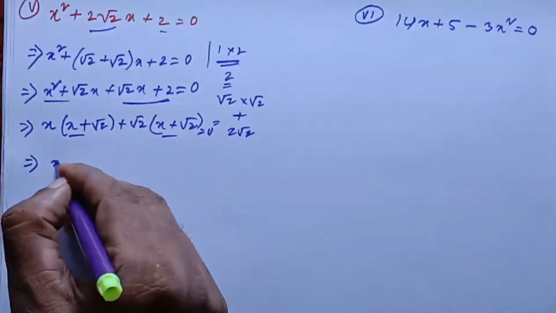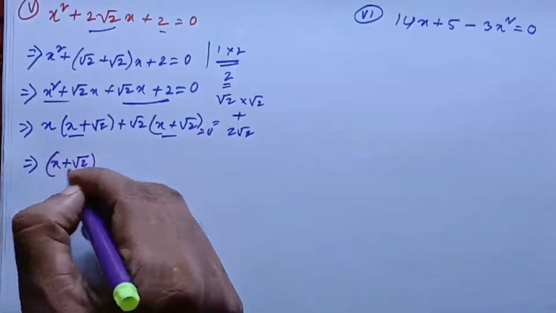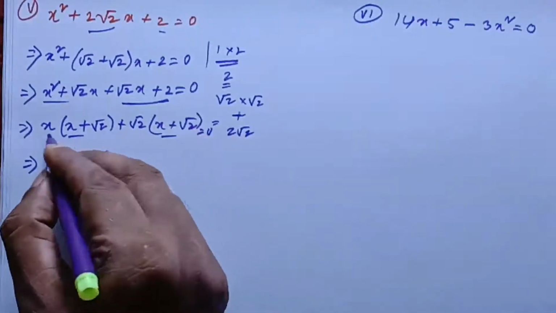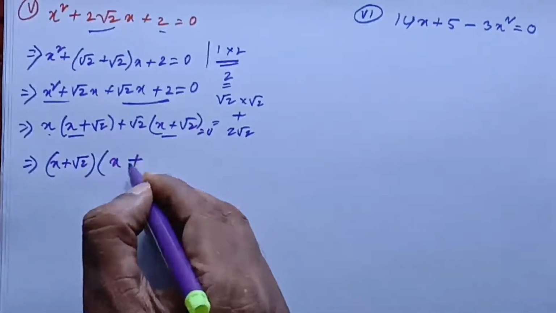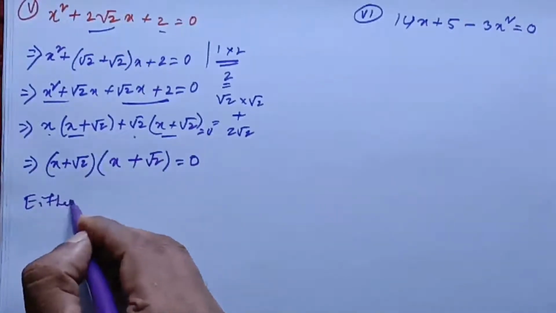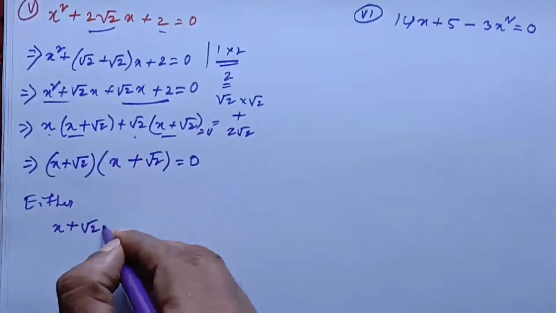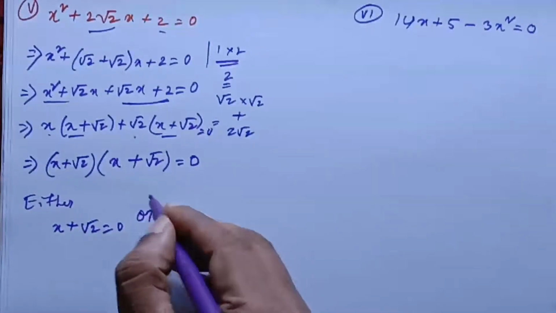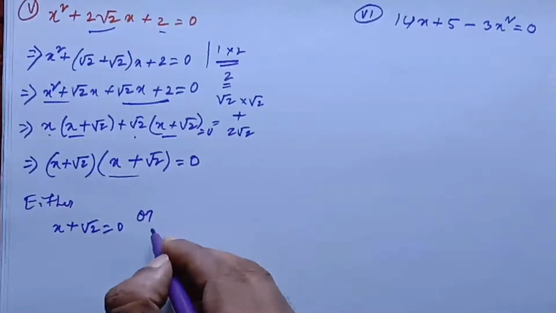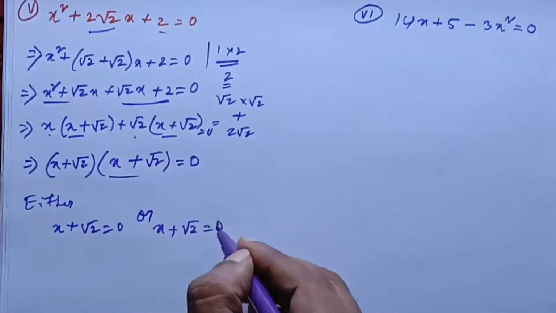We'll take x plus root 2 within bracket, x plus this root 2, equal to 0, or the second part, x plus root 2 equal to 0.